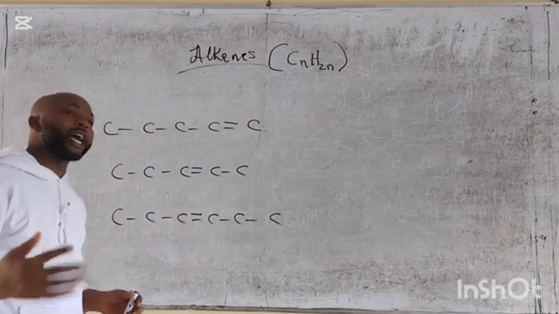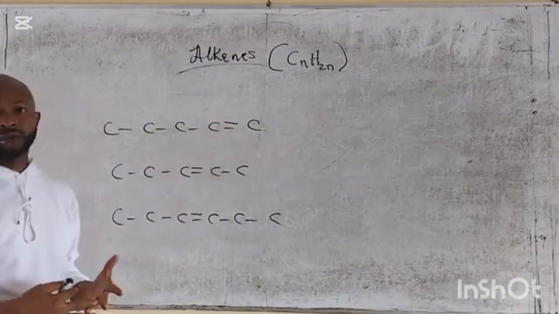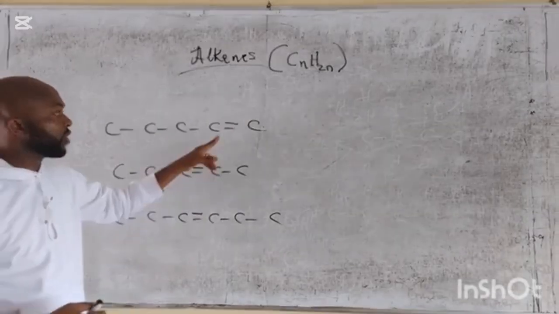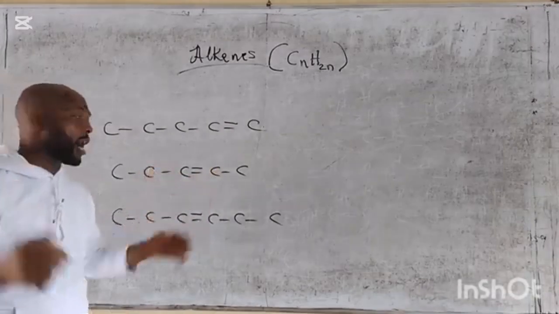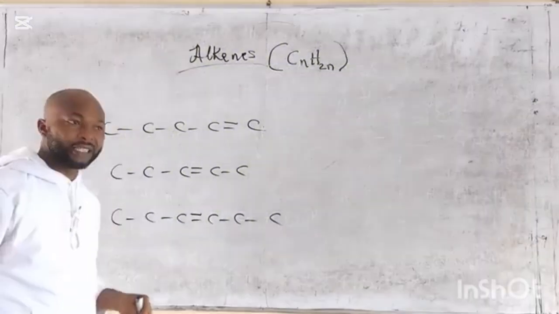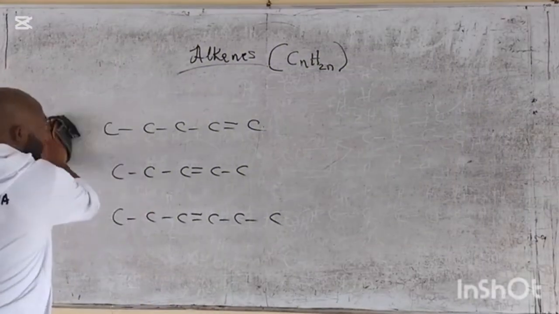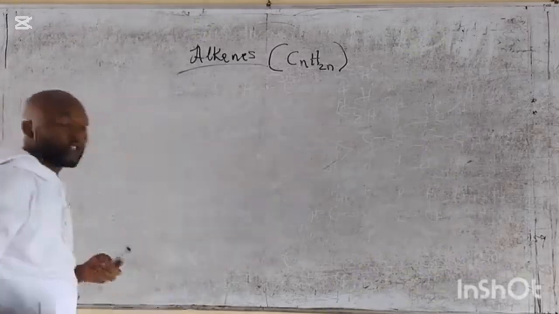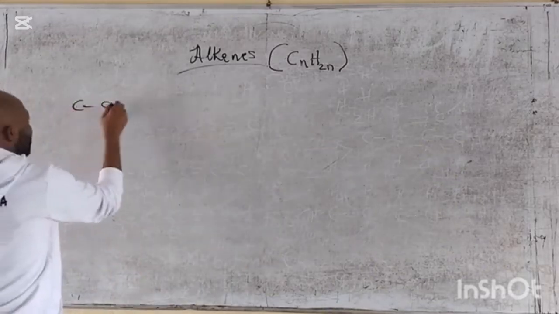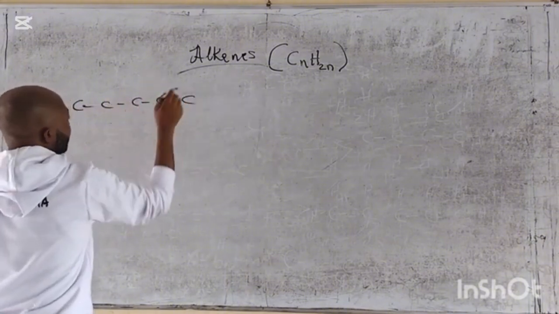Now, structural isomerism has to do with the structure, the framework. Let's take an example of that. So I have a compound 1, 2, 3, 4, 5. This is pentene.